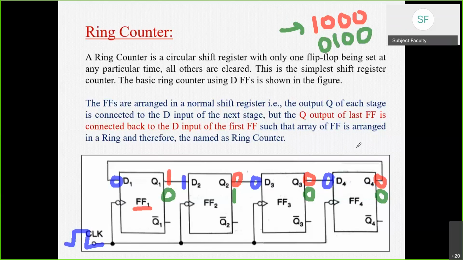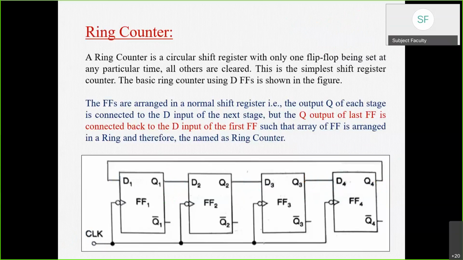Then again, you have to find out what are the new inputs to all these flip-flops. So I will just remember this. Now output is 0, 1, 0, 0. I will erase this.